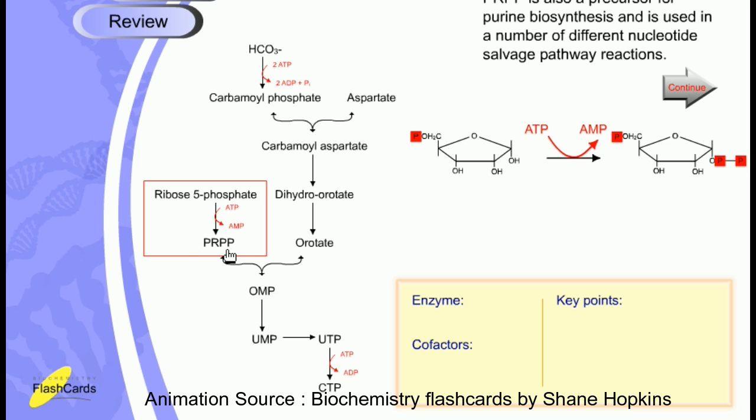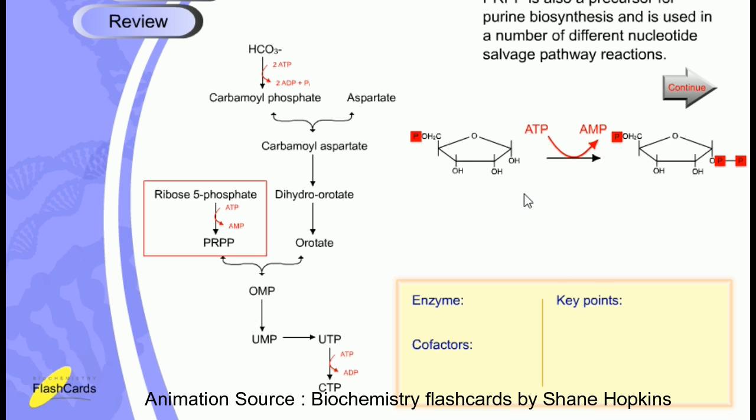Now this PRPP is also a precursor for purine biosynthesis, and it is used in a number of different nucleotide salvage pathways as well. PRPP is also required to combine with orotate to produce OMP, which we'll study in the next step.